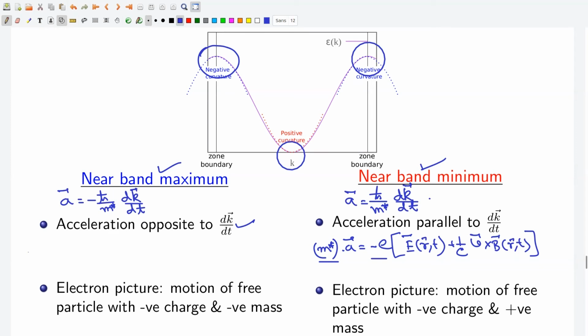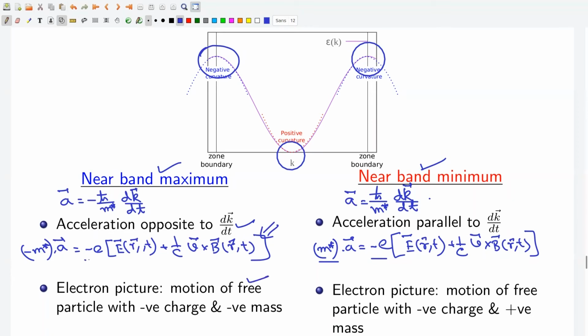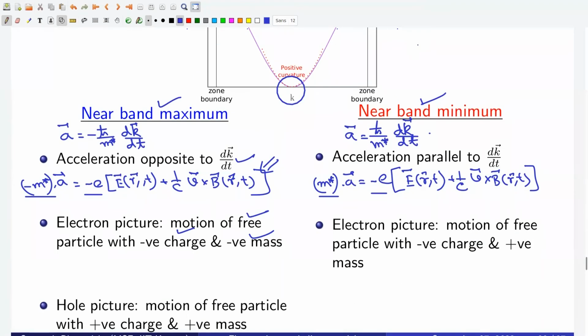In this case, the equation of motion looks like minus m star times acceleration is equal to external force. This looks like the motion of a free particle with negative charge as well as negative mass.